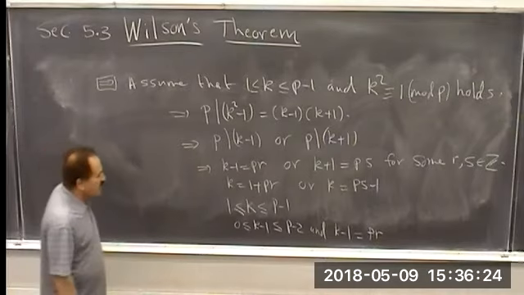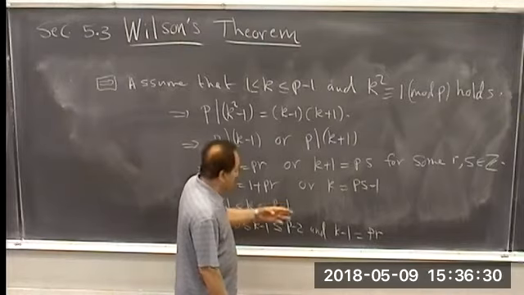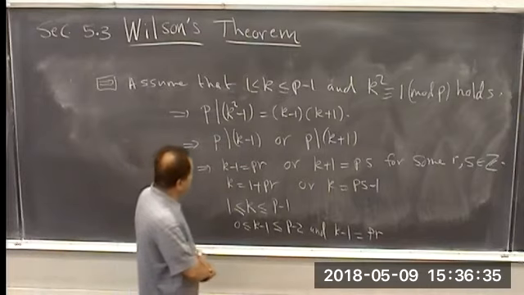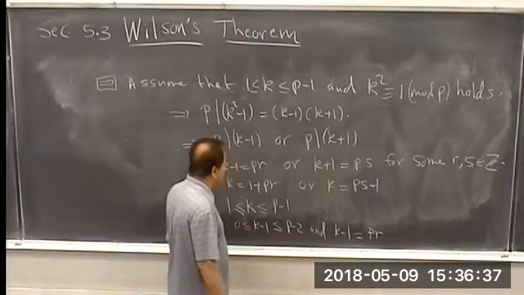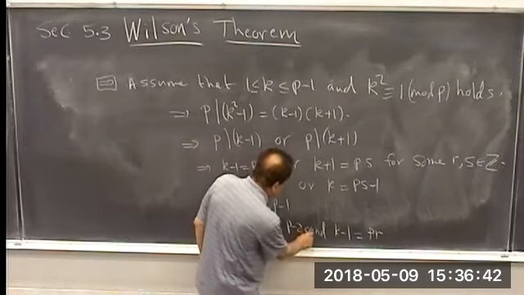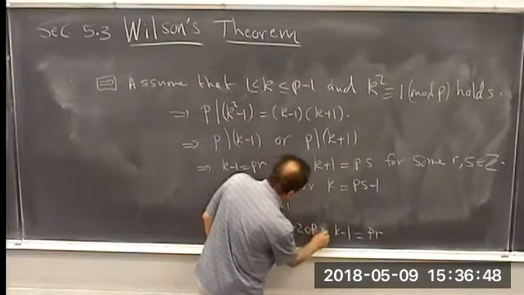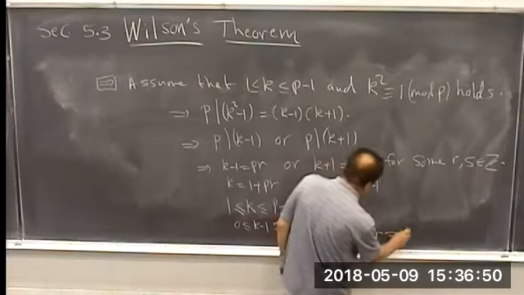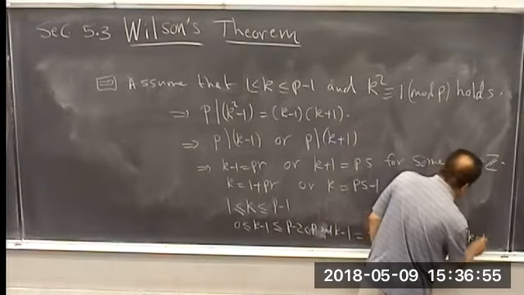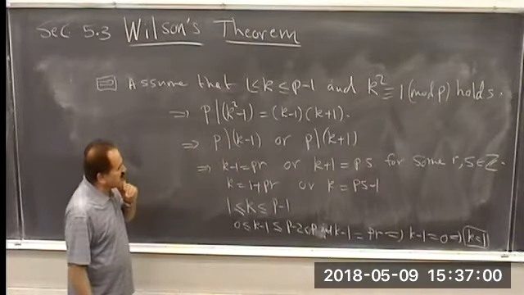The only way this could happen is if k minus 1 is a multiple of p, but at the same time it is smaller than p minus 2, which is of course smaller than p. This implies that k minus 1 must equal 0, and this implies k is equal to 1. So this is the case if the first scenario happens: then k is equal to 1.